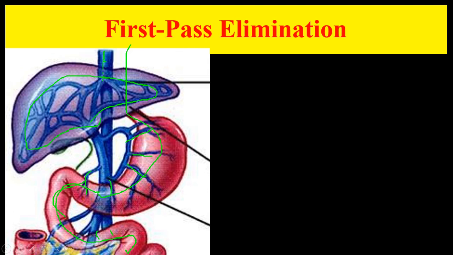You might be thinking about something. What I want to say is, all the money taken by those first-hand people, all the metabolism done on the path, is known as first pass elimination, or first pass metabolism, or pre-systemic metabolism.